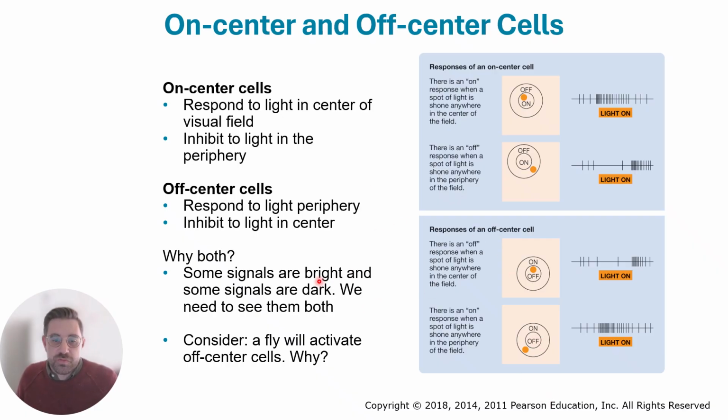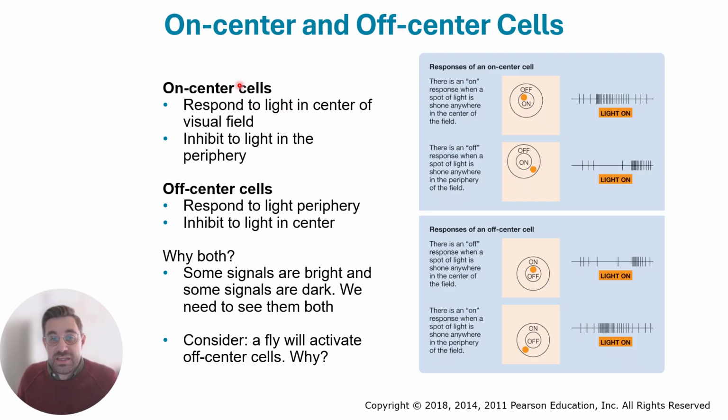This is actually really useful because some signals we're looking at are bright and some are dark, and we need to be able to see them both. For example, the letters on this page are dark in color, so they're not sending light from this area of my visual field. The light's coming from outside the letters.